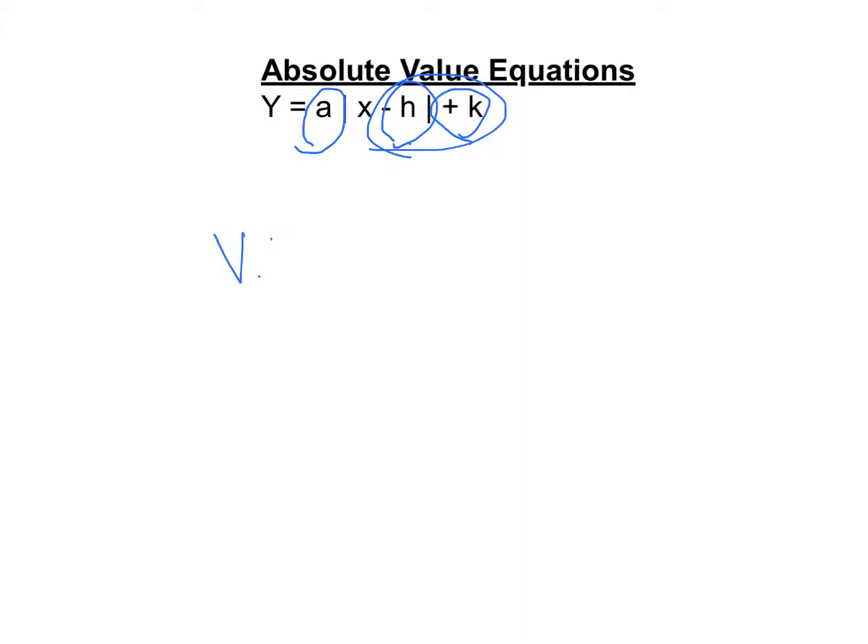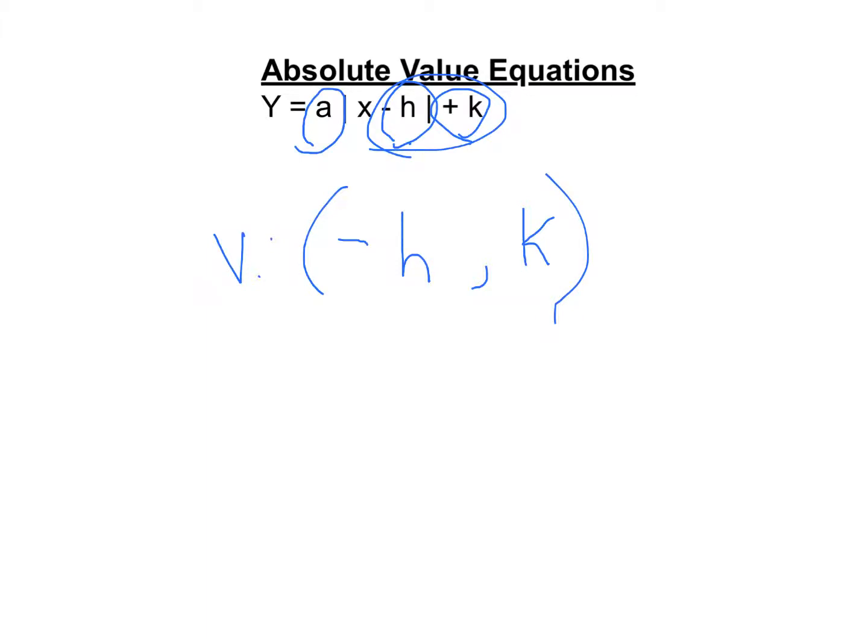Now if you remember, a vertex is where a graph is going to basically change direction, and if you've never seen a vertex before, you're going to see that in this example. Now a vertex is denoted by the opposite of h with k. So that's going to be the very key piece.